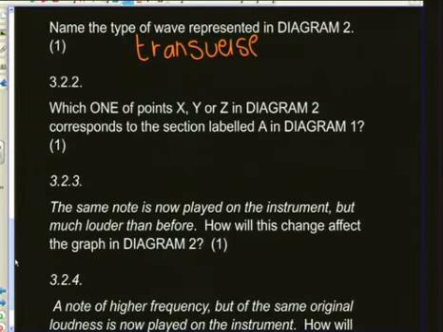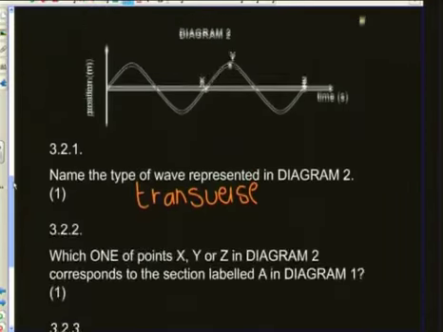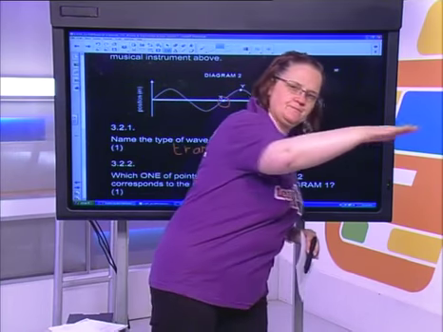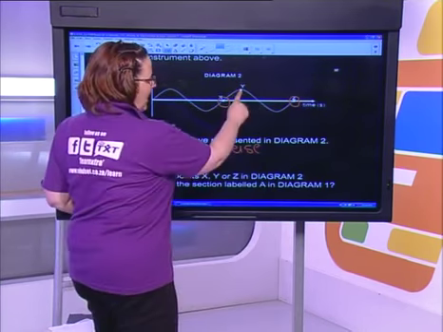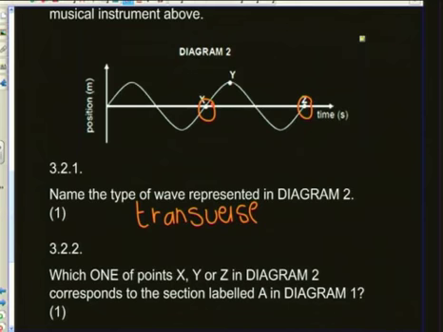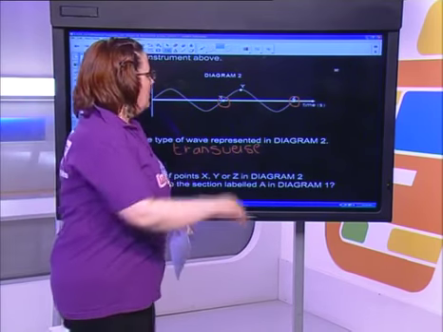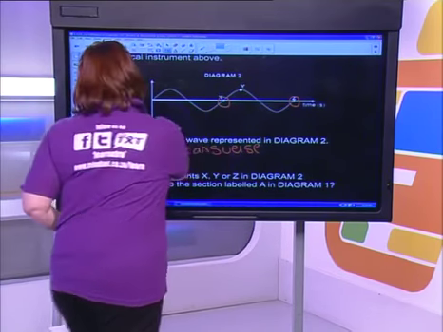Which one, X, Y, or Z in the diagram, corresponds to the section labeled A? So let's look at X, Y, and Z. X and Z are at equilibrium positions, okay? Y is at a crest. The crest or the trough can be your compression or your rarefaction.